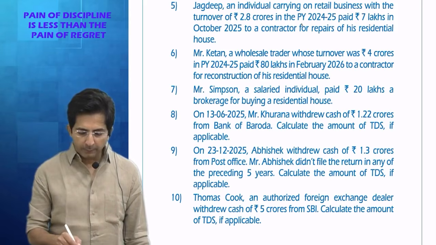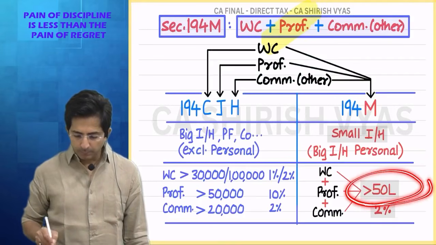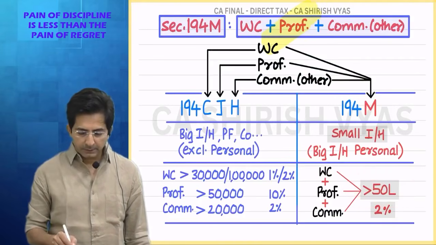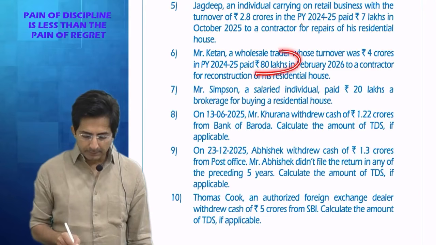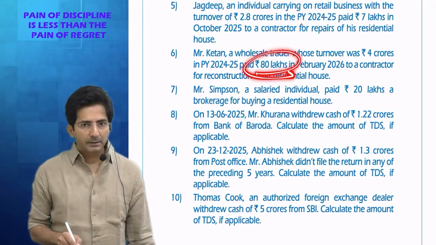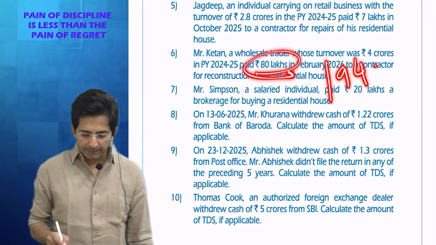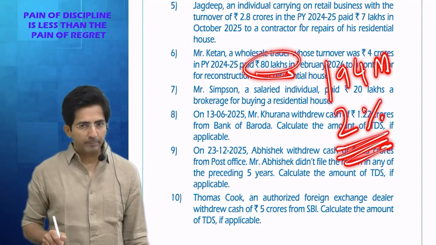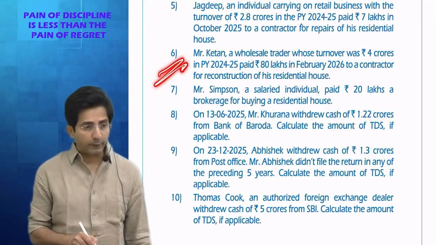But for 194M, what is the condition? Payment should be above 50 lakhs. So check what is the payment amount. It is 80 lakhs, so it is more than 50 lakhs. So 194M will apply. And what is the percentage? 2% TDS under 194M. So this will fit in 194M.